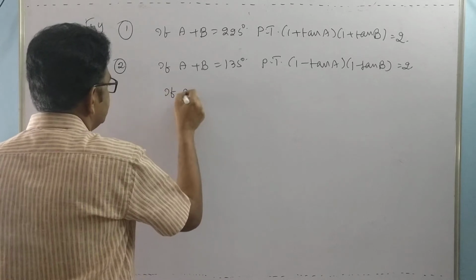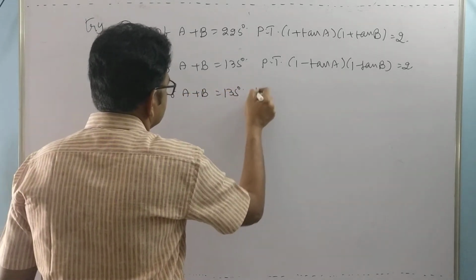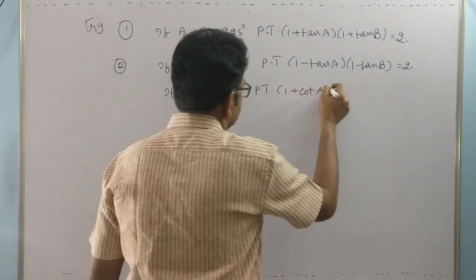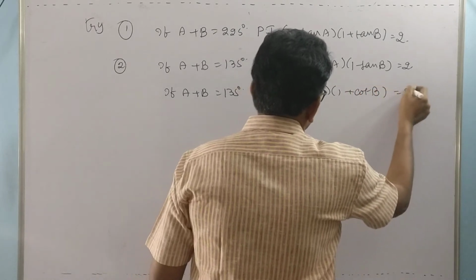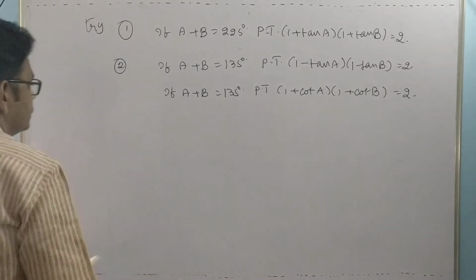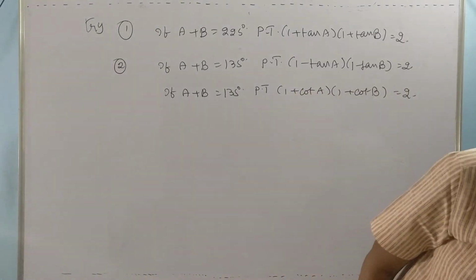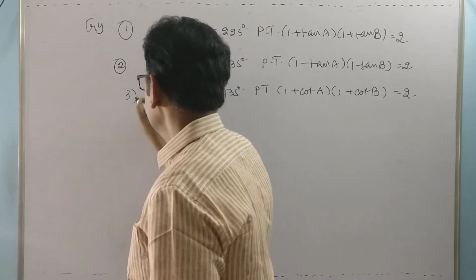If A plus B is equal to 135 degrees, then prove that 1 plus cot A into 1 plus cot B is equal to 2. So these three are same model problems, just like the previous sum. Just you try yourself. So this is third problem.